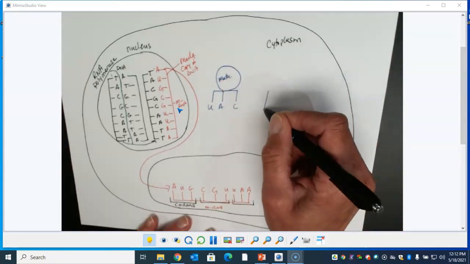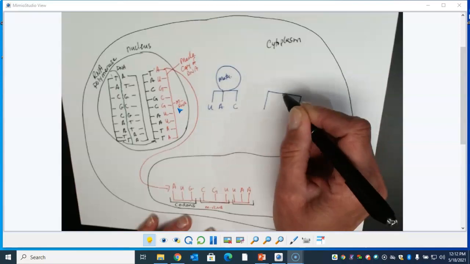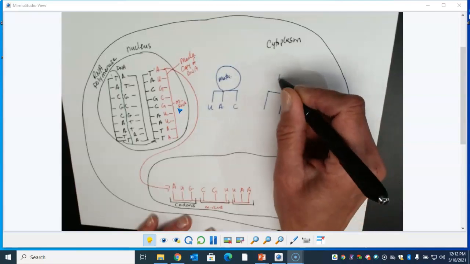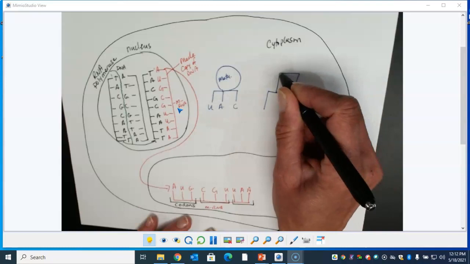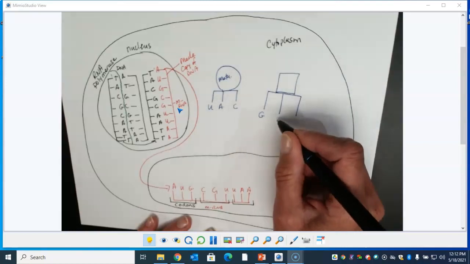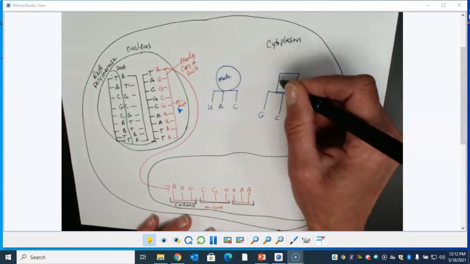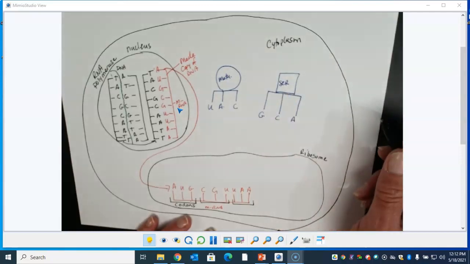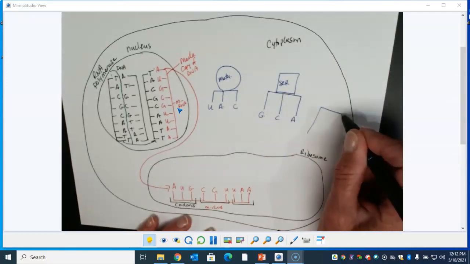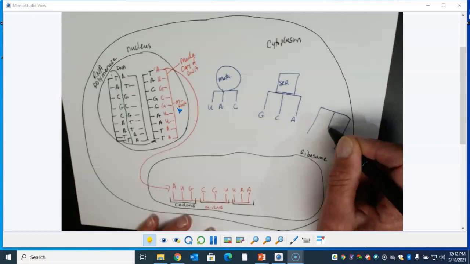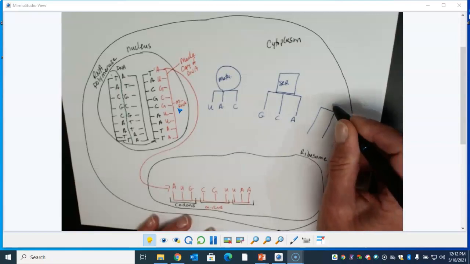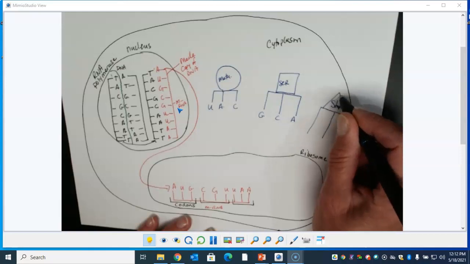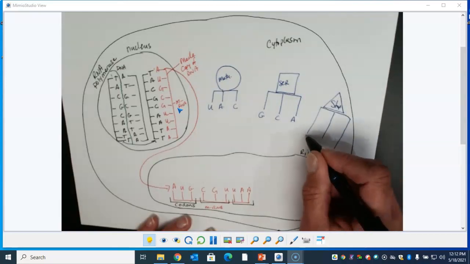And I would have another piece of transfer RNA, which carries another amino acid, GCA, and that is serine. And we would have another transfer RNA, and this codes to stop. We'll make that a triangle, and that's AUU.